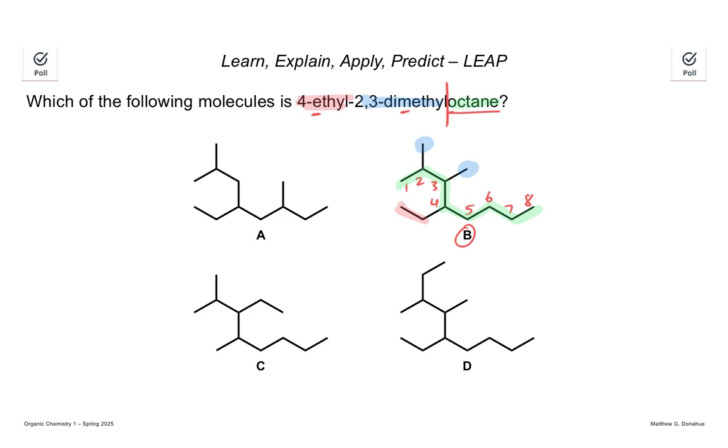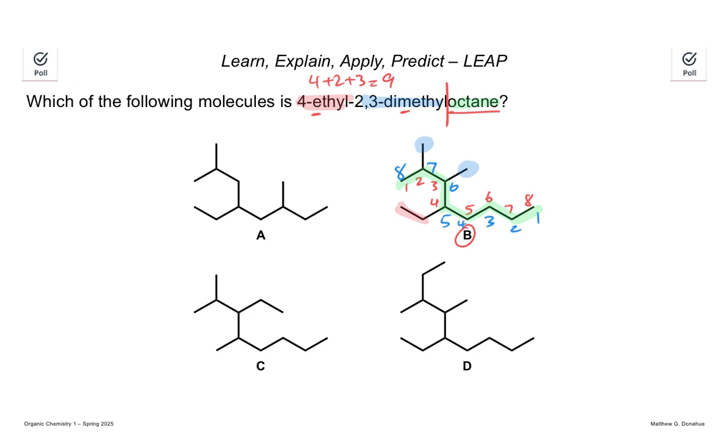If you numbered that the other way, up here you're getting 4 plus 2 plus 3, that equals 9.